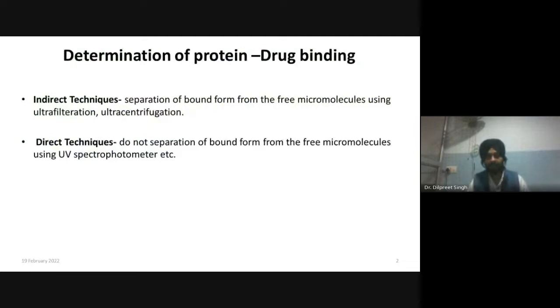When we talk about the determination of protein binding, basically the binding is always reversible. When we talk about the binding of the drug and the protein, it is always reversible, and it is commonly stated that there is a specific transport system.